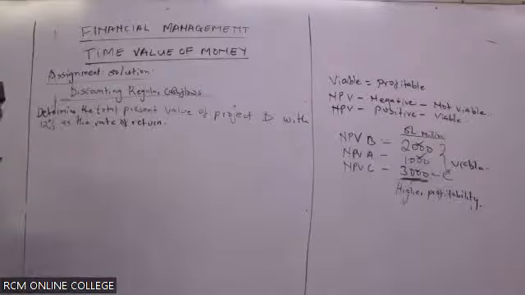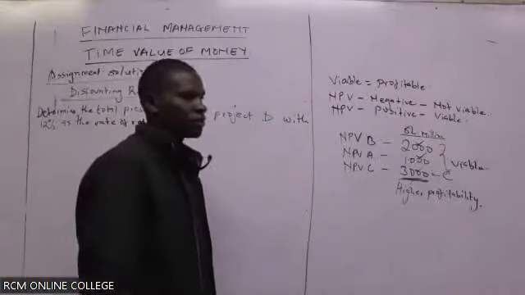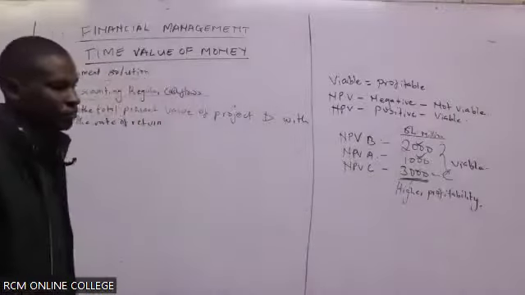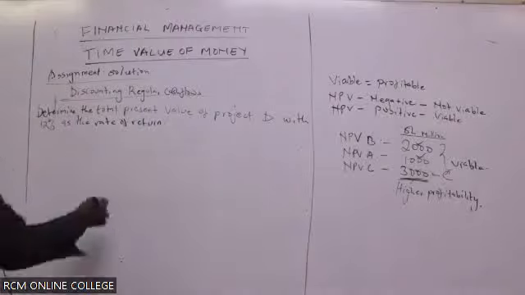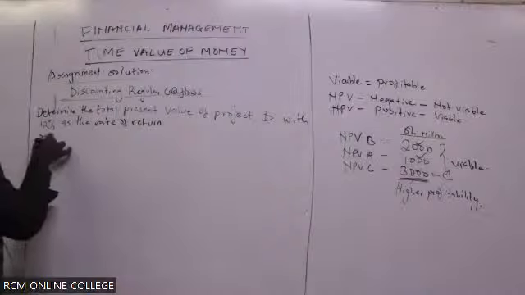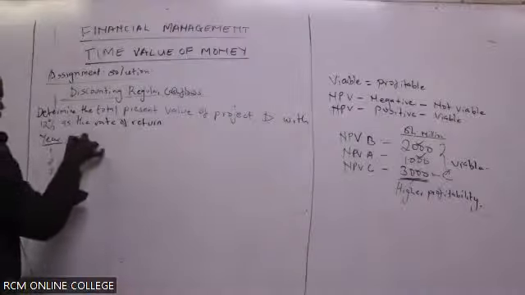The cash flow is equal. So we have here 1, 2, 3 years of cash flow.